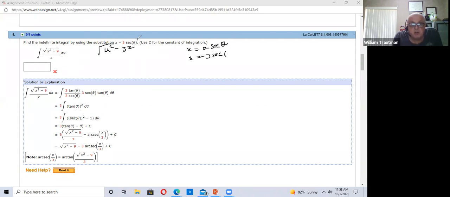I don't know why, but they tell you to use this. If you're using what they tell you to use, you should have got that already. That's where you get it. So that's what we're using: x equals 3 secant theta. Let me actually write that down over here. And on here, they give you more.